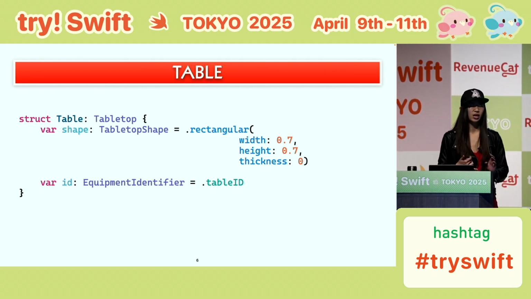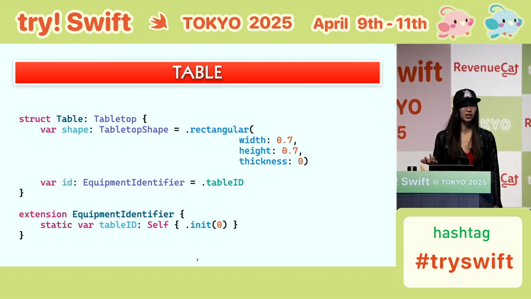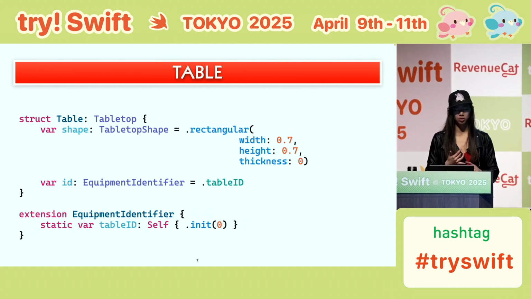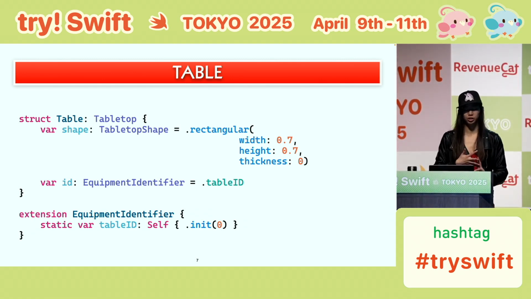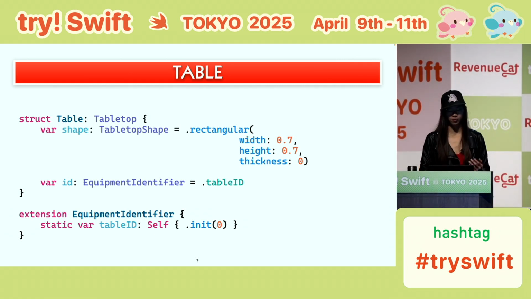So we give it its shape, some kind of size, and there is an equipment identifier, which is just a struct that is Hashable, Sendable, and CustomStringConvertible, and it's just a unique ID within our game, because everything we're using has to be unique.